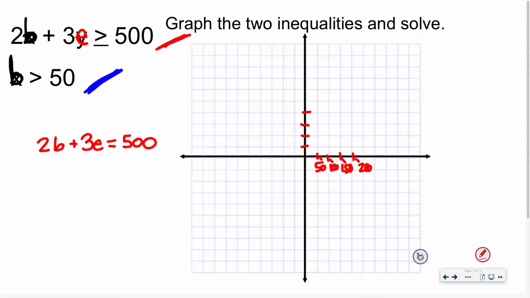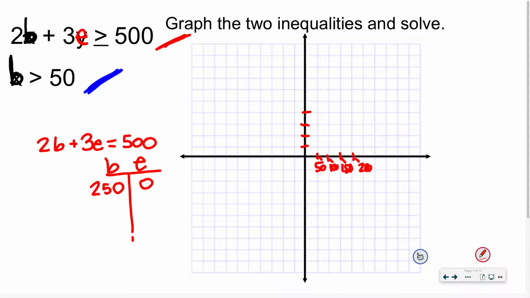The B and the E. Okay, give me an example. When you substitute in, think about what calculations you'll have to do and what values might be easier to work with. B is 250 and E is 0. No earrings, 250 bracelets. Yep, that works.